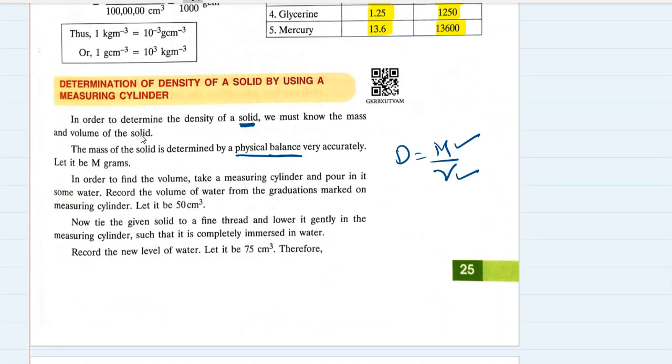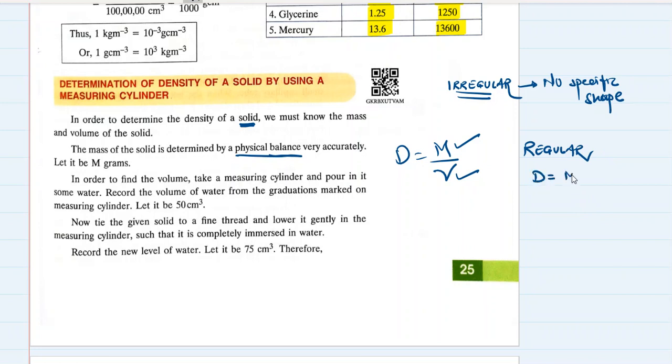Now when you say irregular solid, what do you mean by irregular? Irregular means which has no specific shape. But just imagine, for example, if we take a solid which is regular, how will you find its density? See, again, density will be found by using the formula mass upon volume. Here the mass can be found by physical balance, and volume.